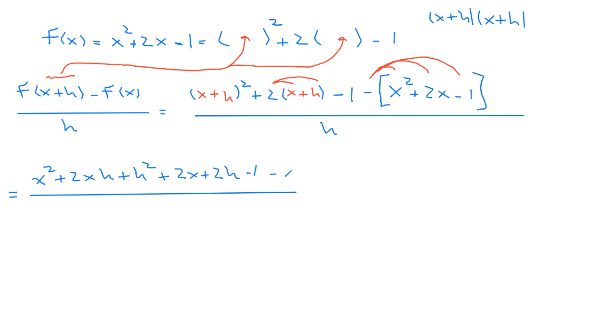So I would get negative x squared minus 2x and then plus 1. And then that's all over h. There's nothing I can do with that h yet. It's just all by itself. It doesn't have anything around it. At this point, the most I can do is just carry it down. Okay, so now we have this.